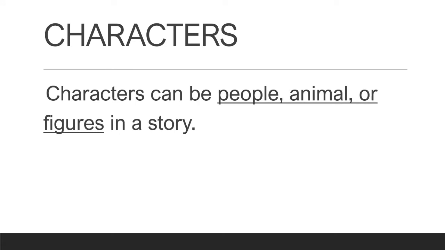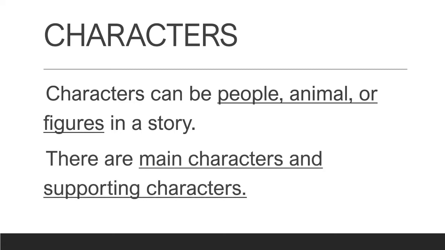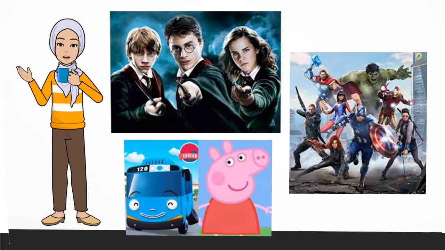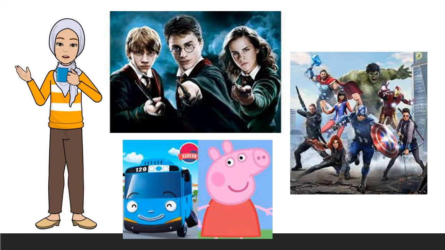Second point is characters. What are characters? Characters can be people, animals, or figures in a story. You have to choose your characters wisely. Then you have to divide the characters into main characters or supporting characters. If you're still confused about the difference between main and supporting characters, look at the picture here.